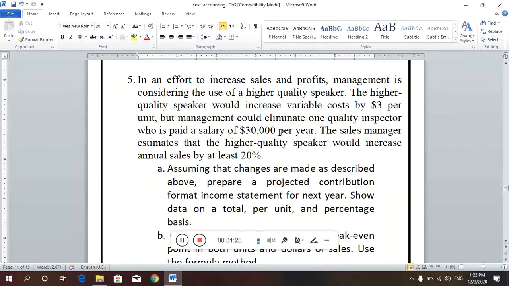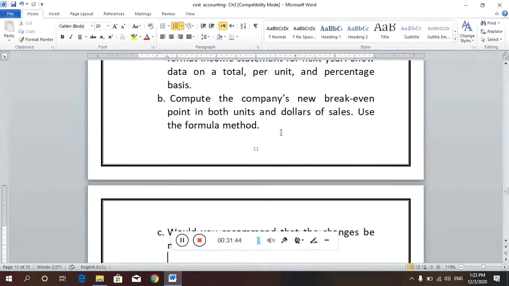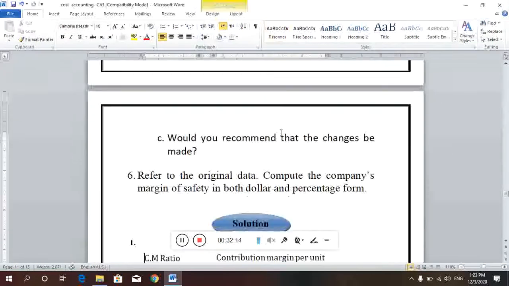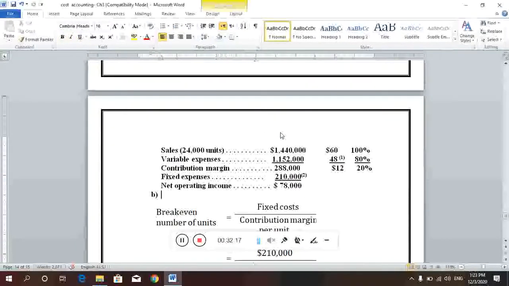Prepare a projected contribution format income statement for next year, showing data in total, per unit, and percentage, as in our example. Number B: also compute the company's new break-even point in both units and dollars, using the formula method.